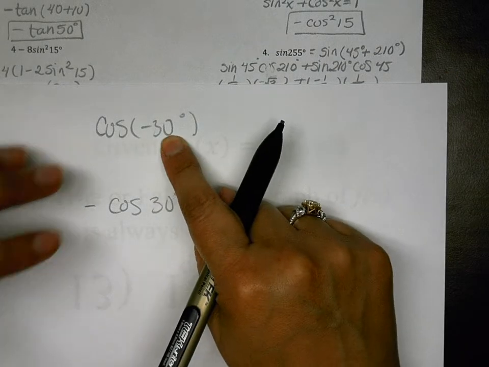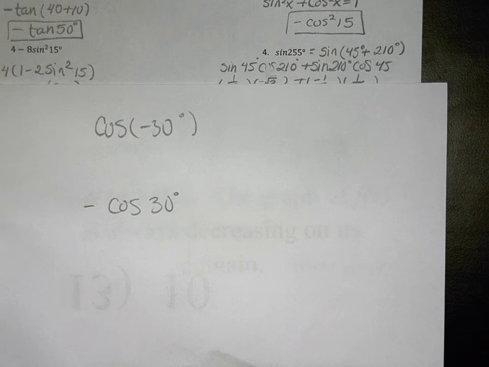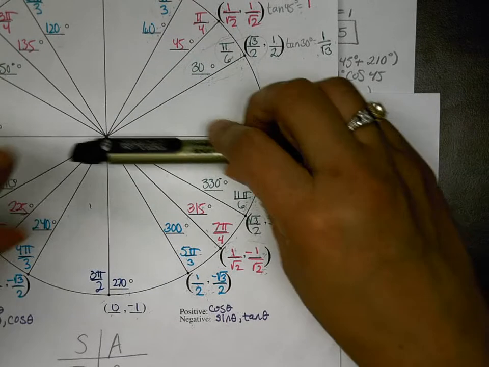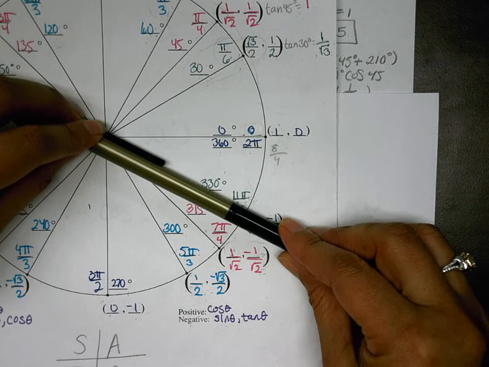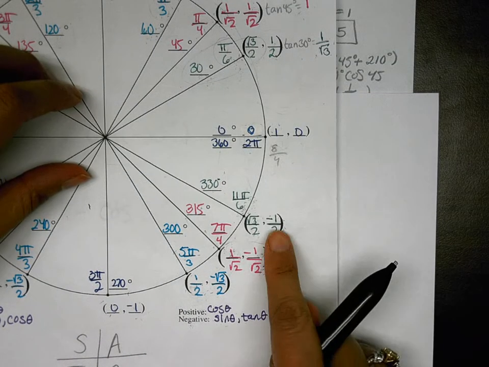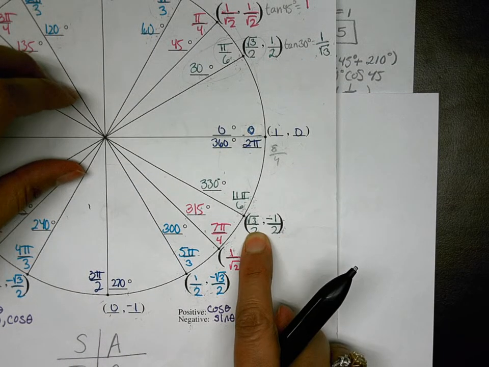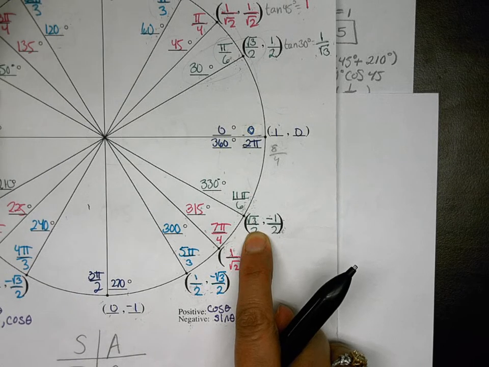This is cosine of negative 30, what we just talked about, going in the negative direction. You go negative 30 degrees, and what's cosine of negative 30? Root 3 over 2.